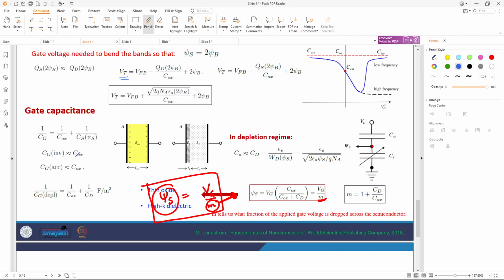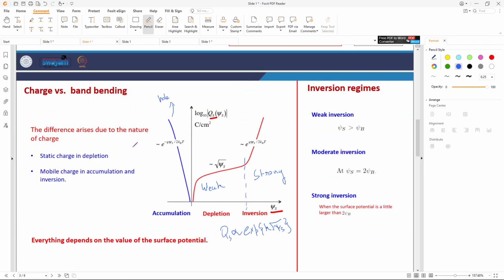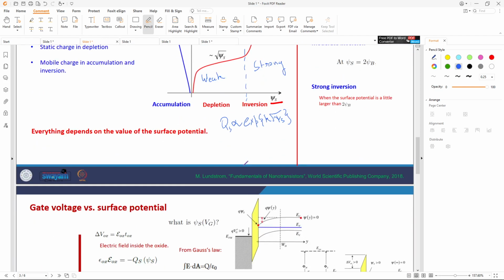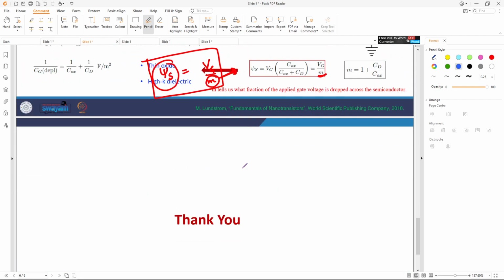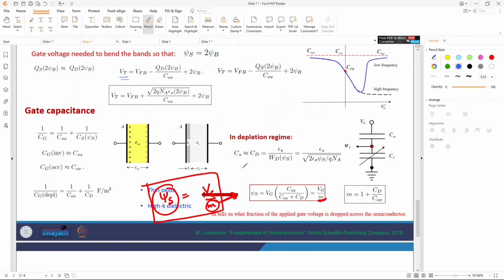In the inversion region, the gate capacitance is approximately equal to Cox. In the accumulation region also, this is true. But in the intermediate region, the weak inversion region, we need to take into account both the capacitances. In fact, that is the reason why the charge accumulation pattern shows this kind of a growth.